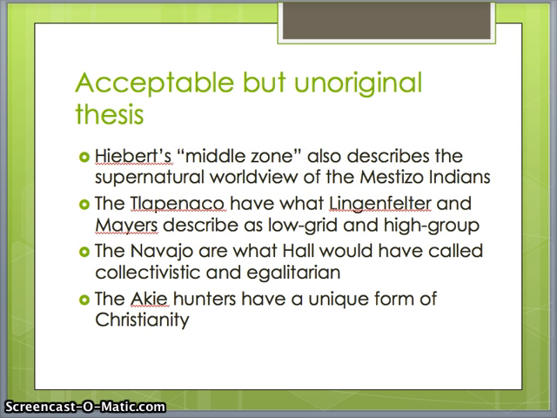All right, here are some examples of acceptable but unoriginal theses. Again, they're just not impressive enough. Let's say Hebert's middle zone also describes the supernatural worldview of the Mestizo Indians. All right, what's unimpressive is that you have not adapted or made Hebert's middle zone.